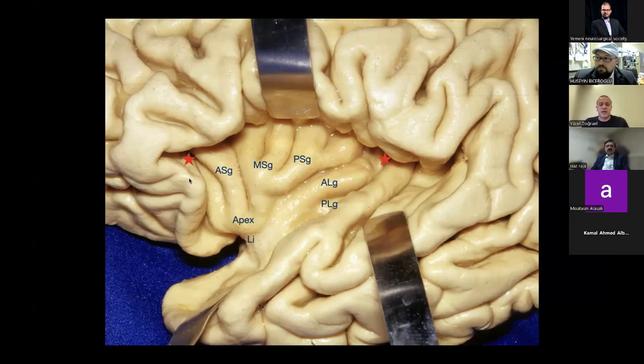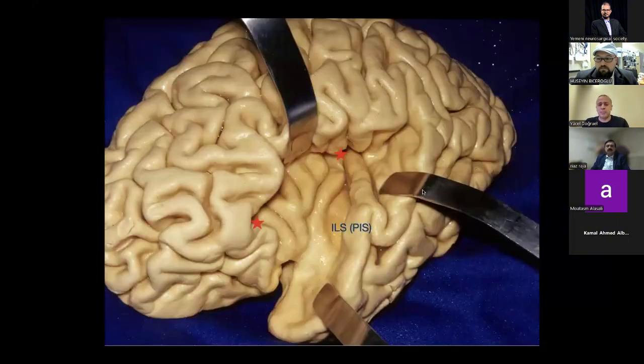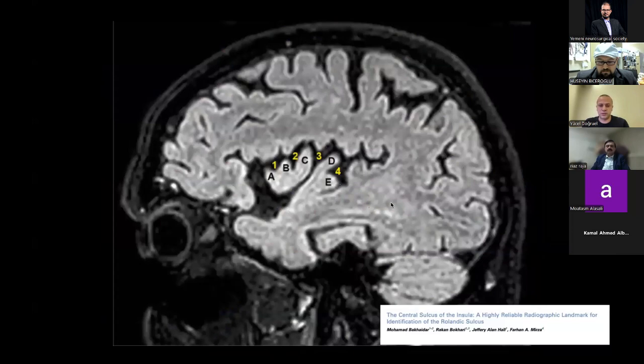The connection between the anterior and superior periinsular sulci is named the anterior insular point, and the connection of the superior and inferior sulci is the posterior insular point. This is an angled view, and this is the inferior limiting sulcus of the insula, or inferior periinsular sulcus.